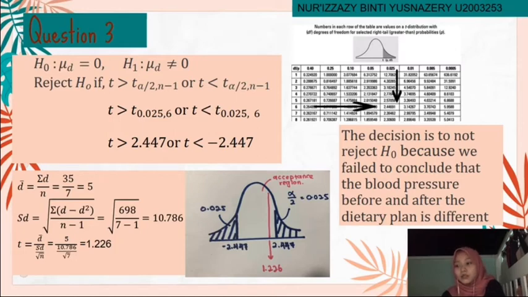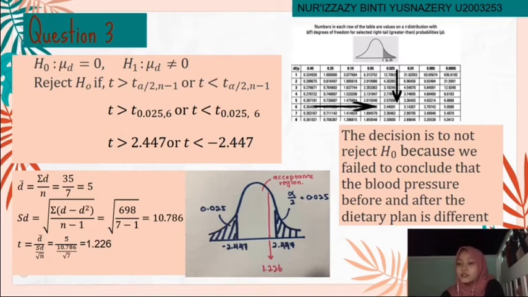Next, we need to find the degrees of freedom, which is n minus 1. Our n is 7, so 7 minus 1 is equal to 6. As you can see from the statistic table that I included here, we get a T value of 2.447. We will reject the null hypothesis if our test statistic value is greater than 2.447.